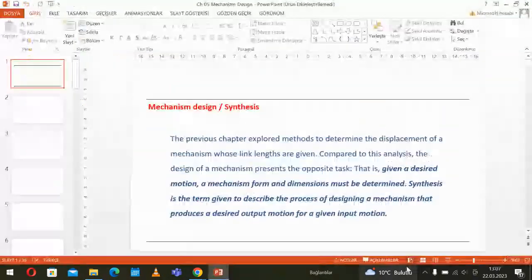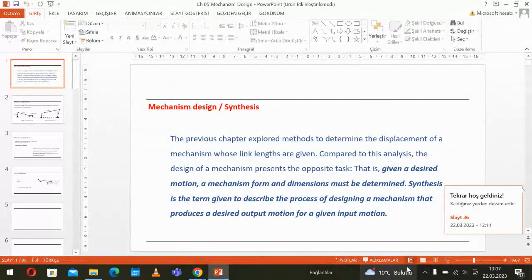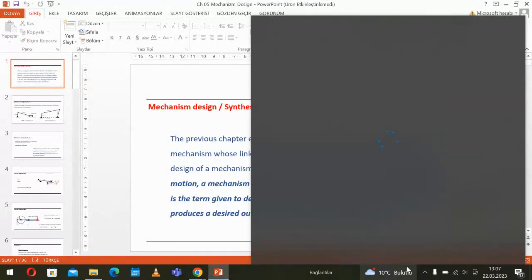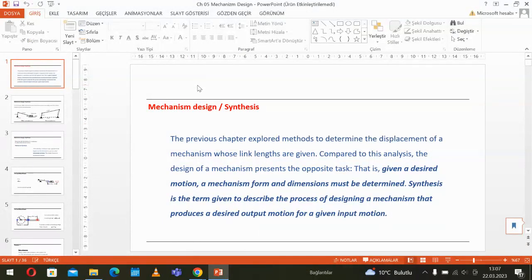So we finished in our last lesson chapter 4. That means the chapter position, shape, position, and displacement. Actually, we analyzed the mechanism in this chapter. And now we will deal with the synthesis.